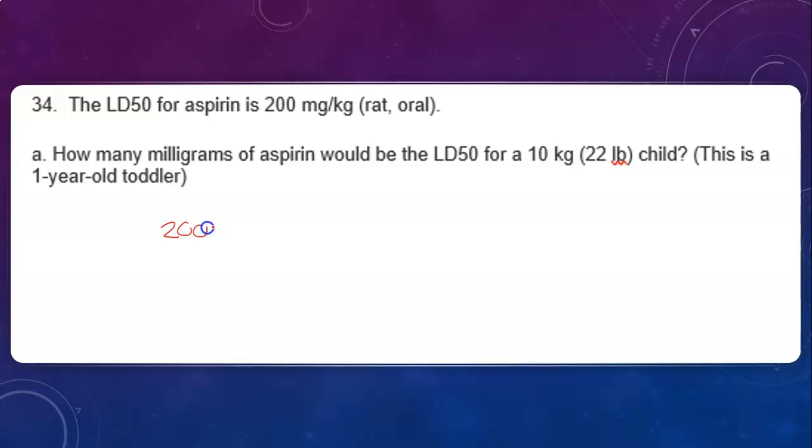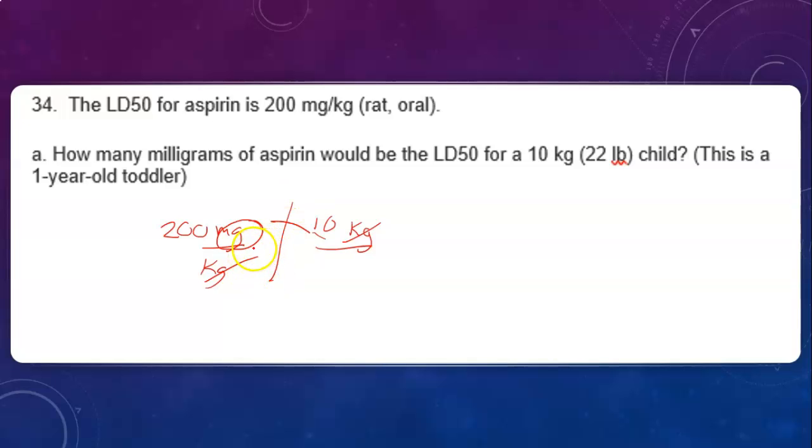So you've got 200 milligrams per kilogram for the rat, and then you've got 10 kilograms of child, and you want to know how many milligrams. So we're going to multiply across.